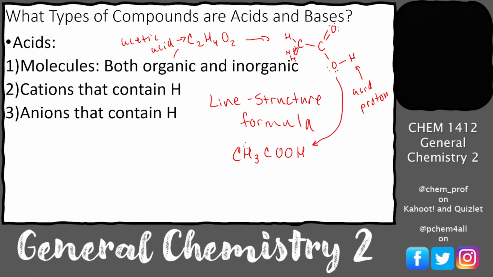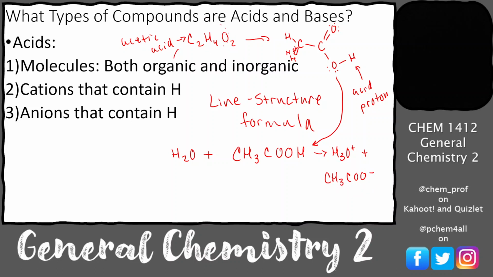You have the CH3, which these are not acidic protons. They do not come off the molecule. This one does. And so you can add water to it, and this produces H3O+ and CH3COO-. And so you have the anion and the cation. So this is a line structure formula, very convenient for you to use.